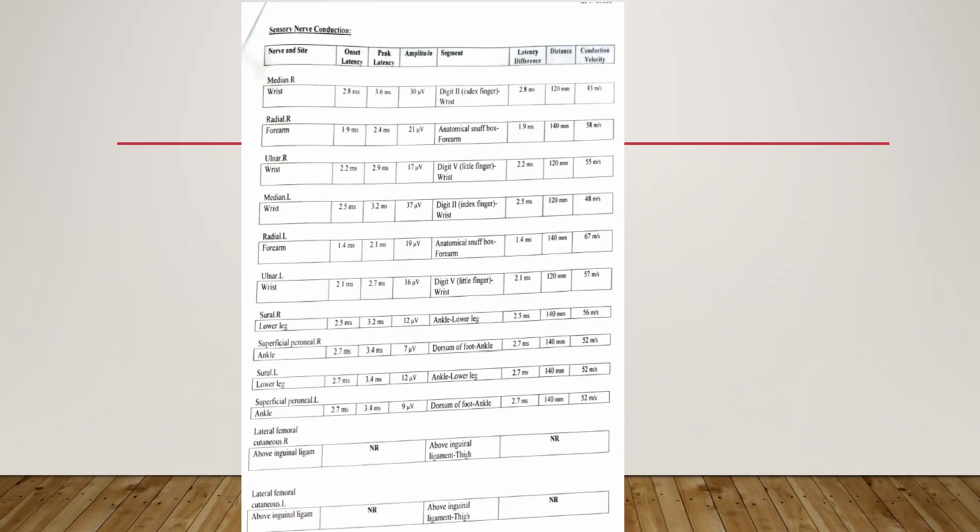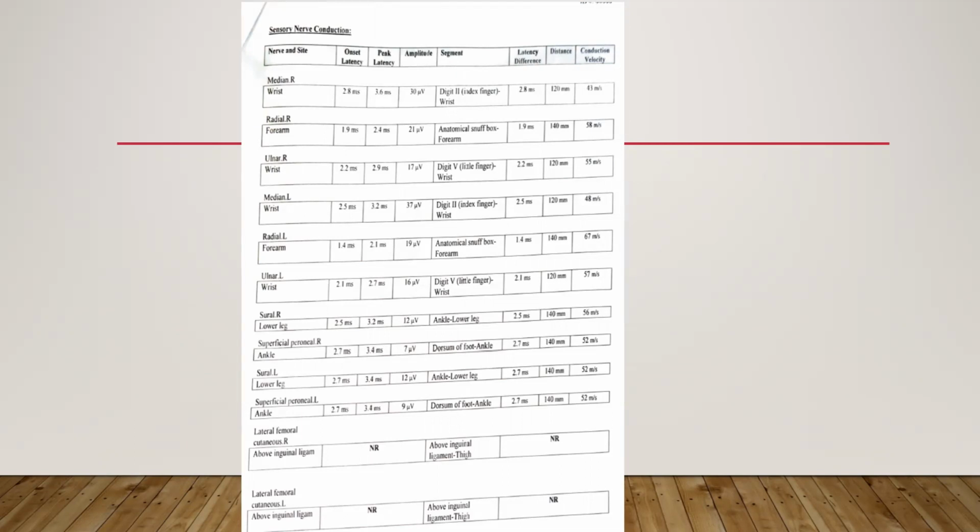So as per this, only bilateral lateral femoral cutaneous nerve of thigh is not excitable. So what is this? Since it's a direct branch of the plexus, it could be lumbar plexus, but only this getting affected bilaterally. L1 could be a possibility, but for L1 root SNAPs should be normal.